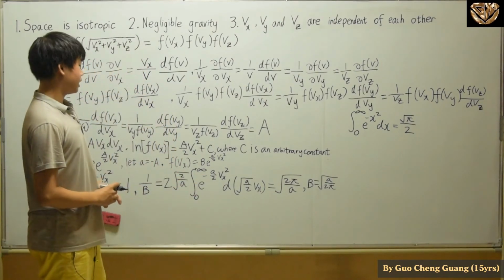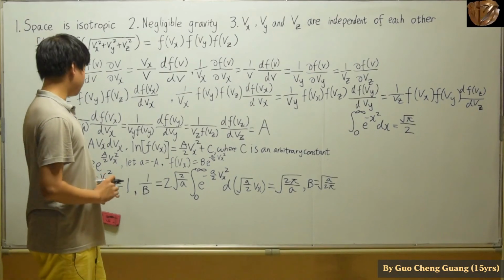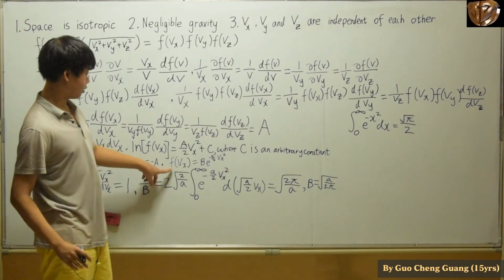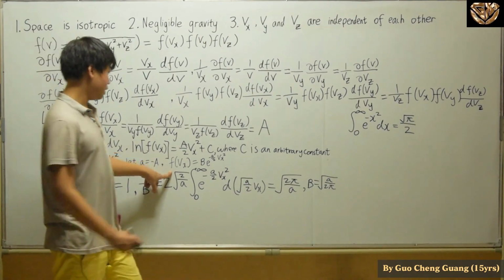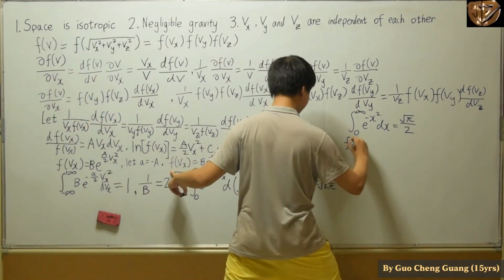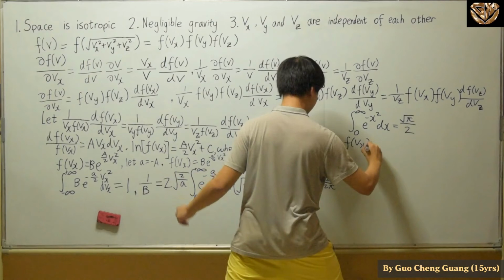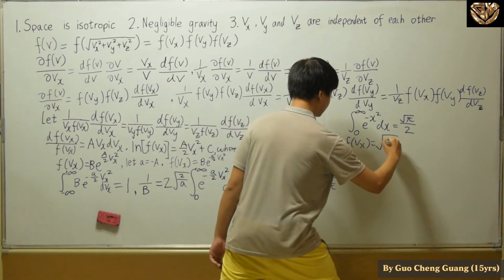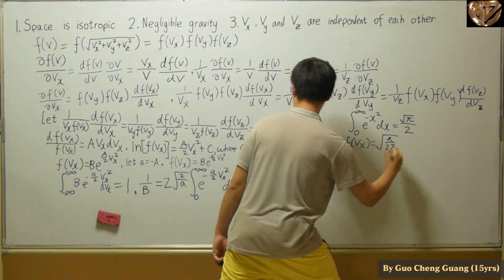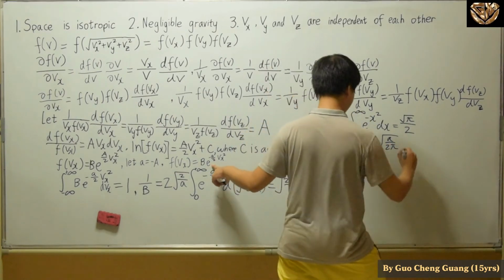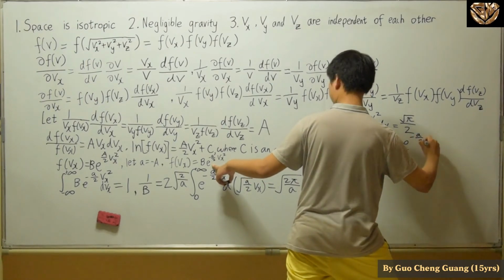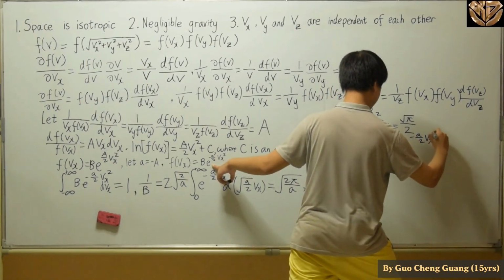So what exactly are we going to do with b? We could put it back inside here. So vf vx is going to be equal to square root a over 2 pi, and then e to the power of negative a over 2 vx squared.